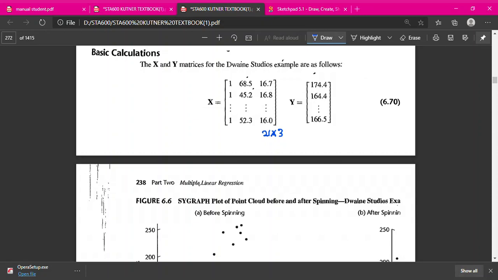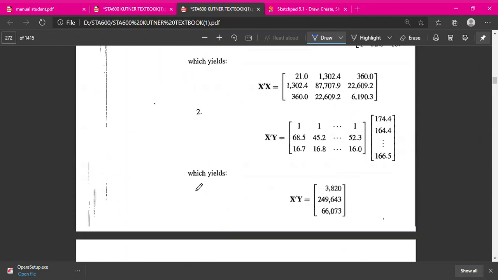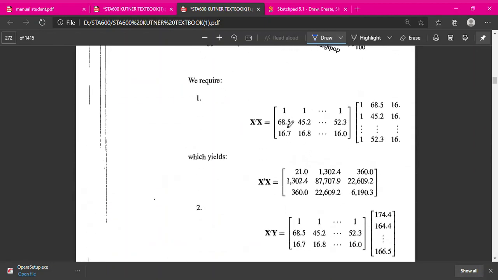Okay, matrix Y will be 21 by 1. Okay, just list down all the Y observations here. Okay, so X transpose X will be like this. This is the matrix of X transpose. Okay, this is the matrix of X. The matrix of X transpose X will be this matrix, which is 3 by 3.